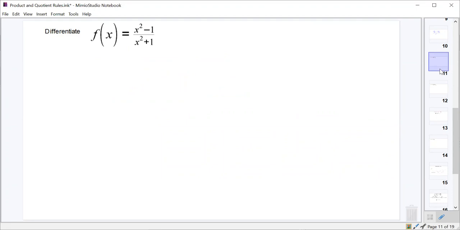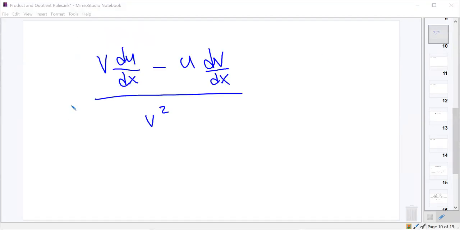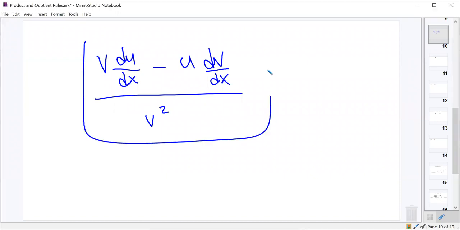So let's find the derivative of x squared minus 1 over x squared plus 1. Is this a quotient of two functions? Yes, so you're going to use this quotient rule that you will have memorized.